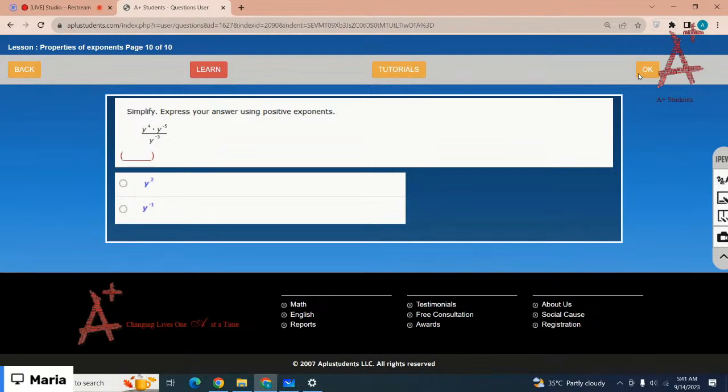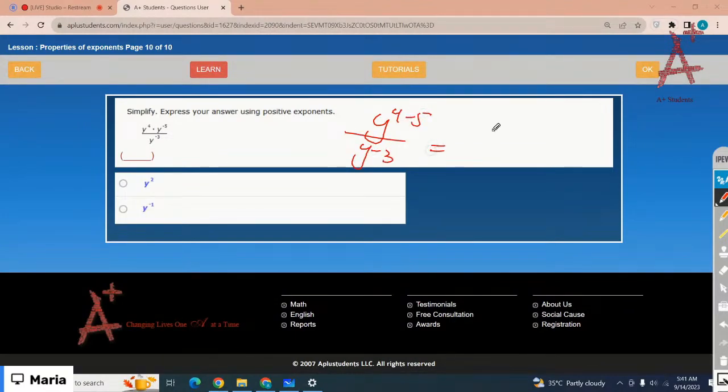When you apply the product rule, their exponents get added. 4 minus 5 is negative 1, so you have y exponent negative 1 over y exponent negative 3.